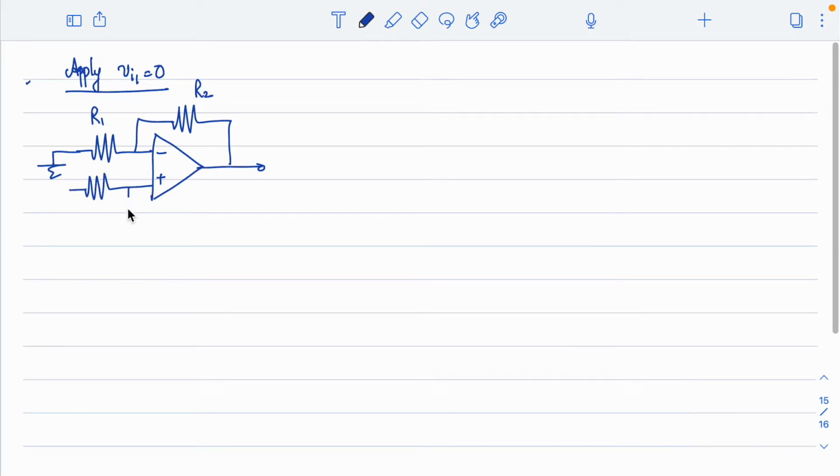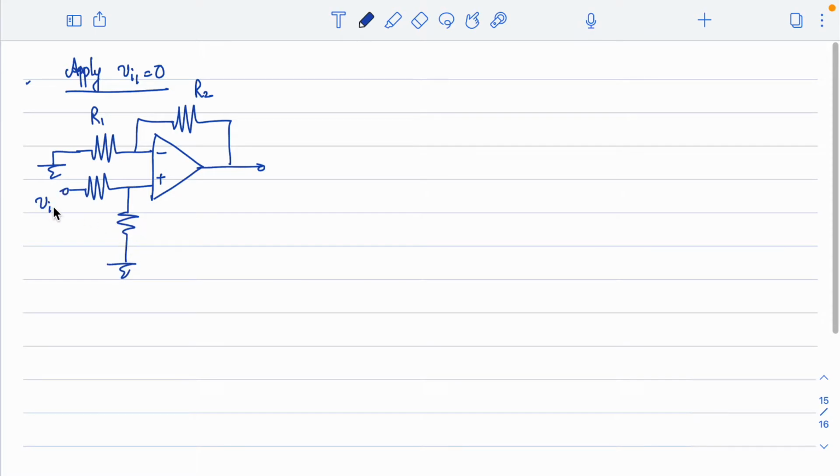Alright, so after making Vi1 equal to 0, I'll draw the rest of the diagram here. So this is made equal to 0. We have another resistance here. So this is R1, this is R2, and we have R3 and R4 here.